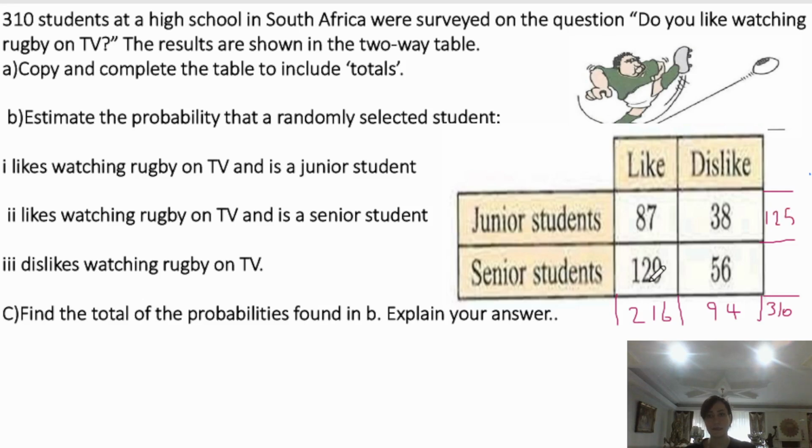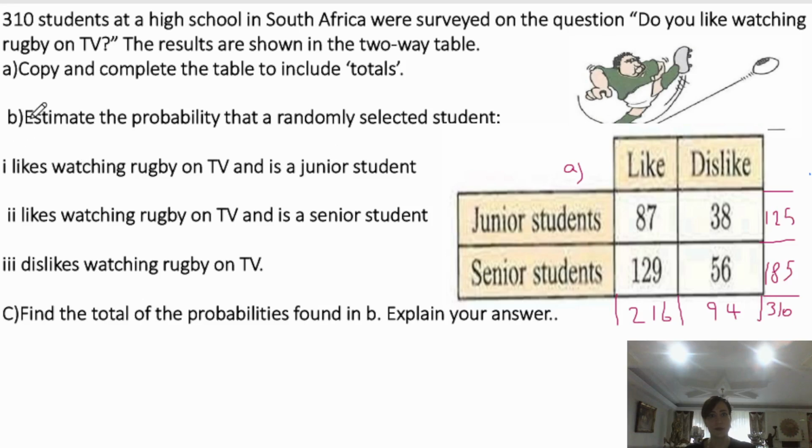And senior students that attended would be 129 plus 56, which is 185. If I add up 125 plus 185, it gives me 310. Okay, that's part A. I add the totals here.